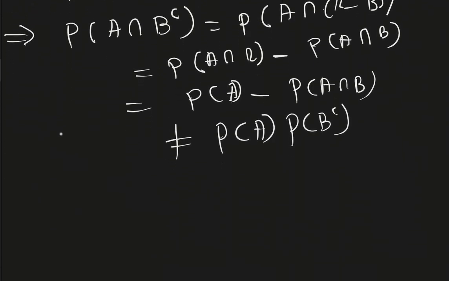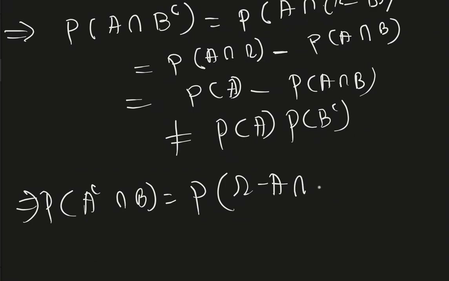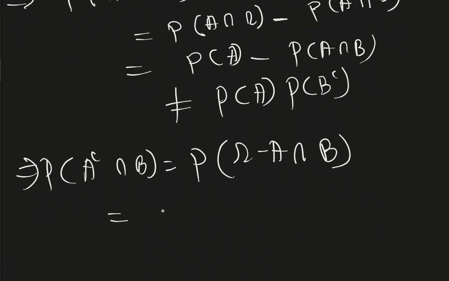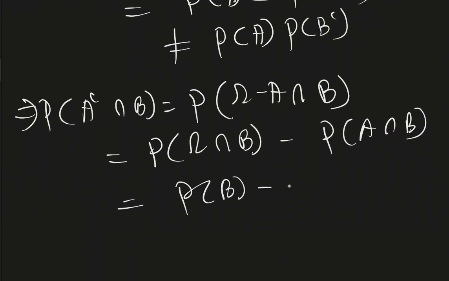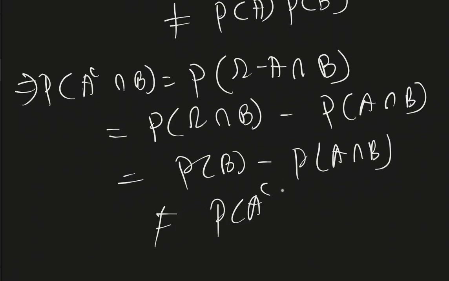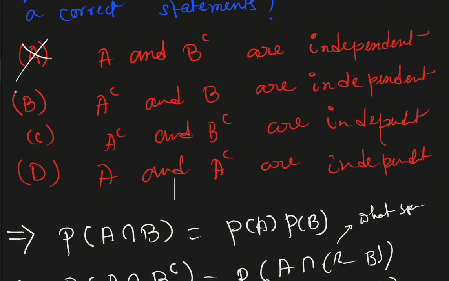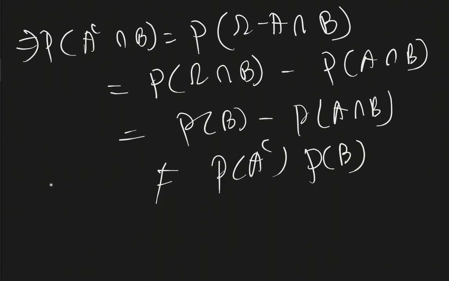So A complement and B, let's check similarly. P(A complement intersection B) is P of B minus P of A intersection B. So this is also not true, which is not P(A complement) into P(B). So this is not true. Now let's check A and A complement.